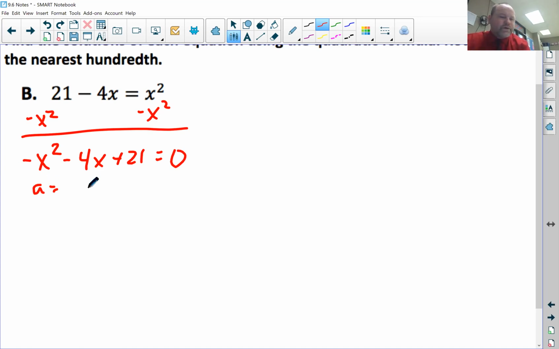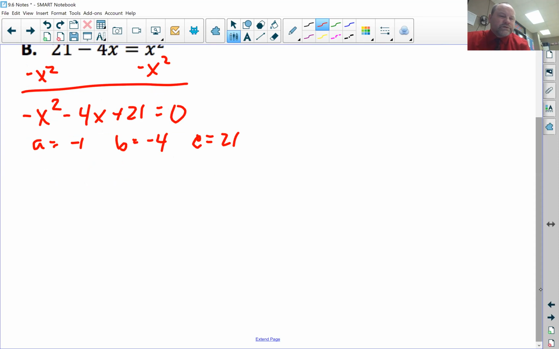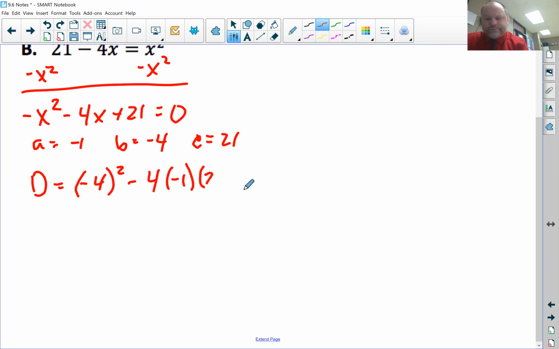So if you did it this way, you would have a equals -1, b equals -4, c equals 21. So our discriminant would be -4 squared minus 4 times -1 times 21.